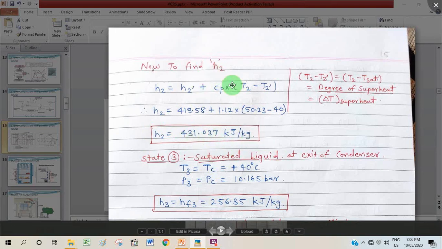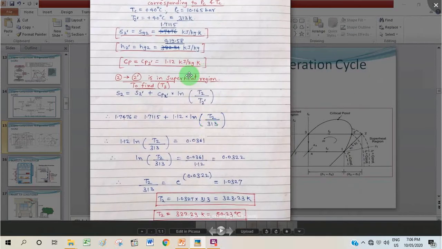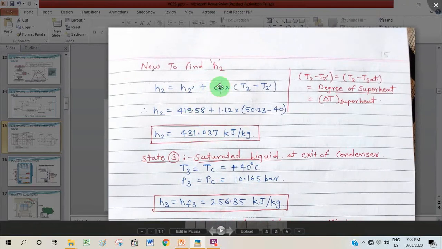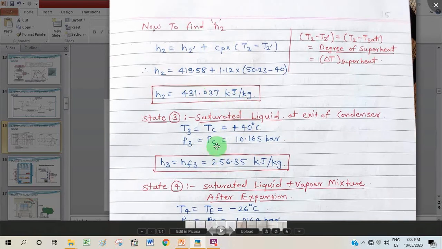So these steps are very important: first to find T2 using this relation, and then to find H2 by using this relation, by adding the enthalpy of superheat using Cp and Cp delta T. Apart from this, the rest of the steps are very common.